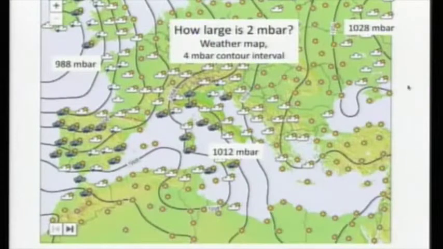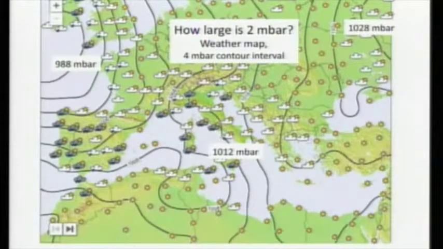Okay? So as geophysicists, sometimes we have difficulty understanding concepts of units, bars, megapascals and so forth. So, looking for an illustration of how large 2 millibars really is, and wondering what the weather would be like today in Rome, yesterday I looked at the weather map of pressures.